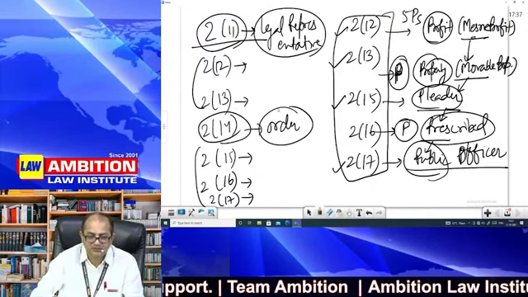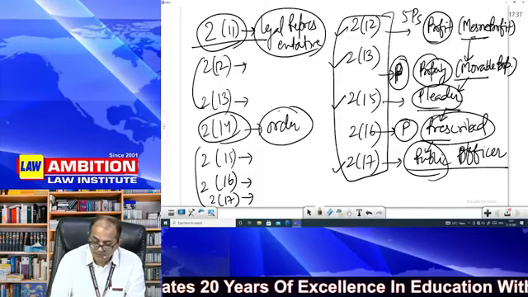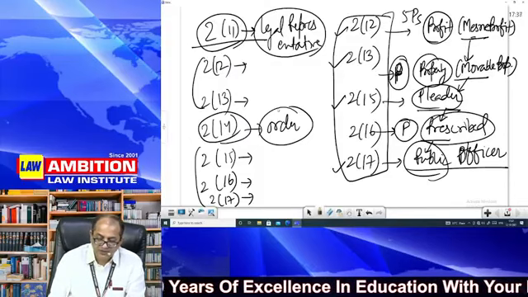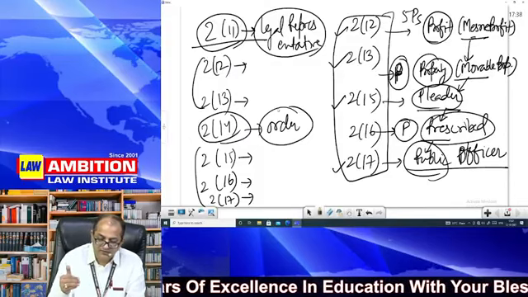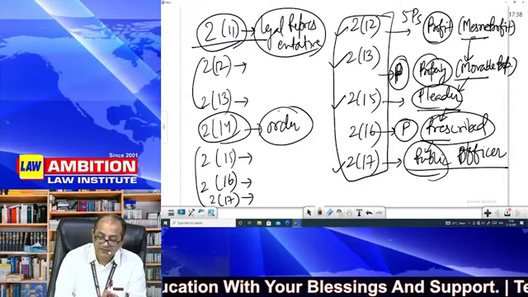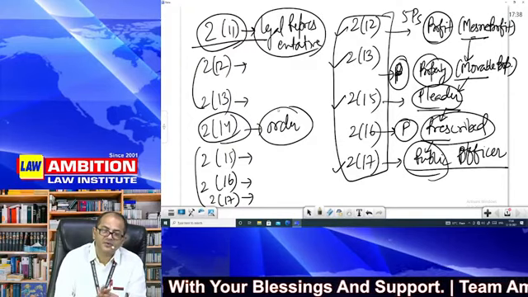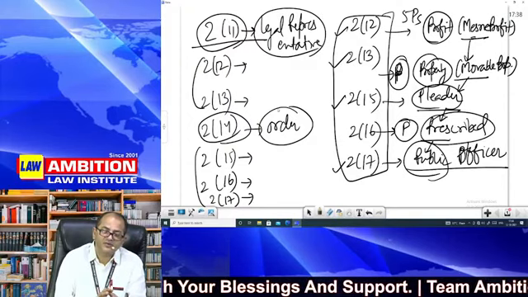So profit, property, pleader, prescribed, public officer. When there will be profit, then only you will buy the property, and then obviously there will be property dispute, so you will go to a pleader and he will prescribe how to approach the public officer and how to get this settled.